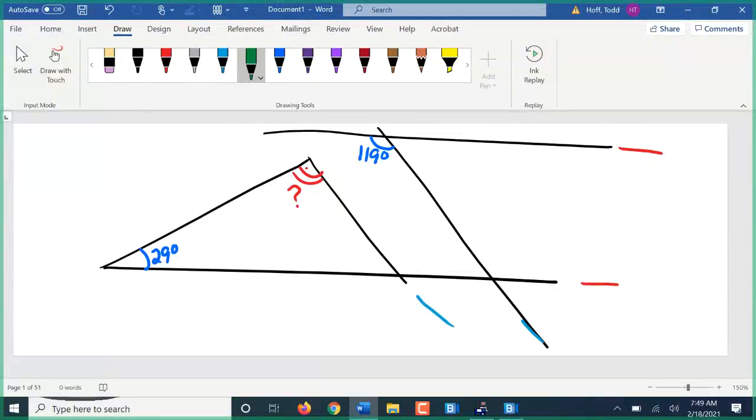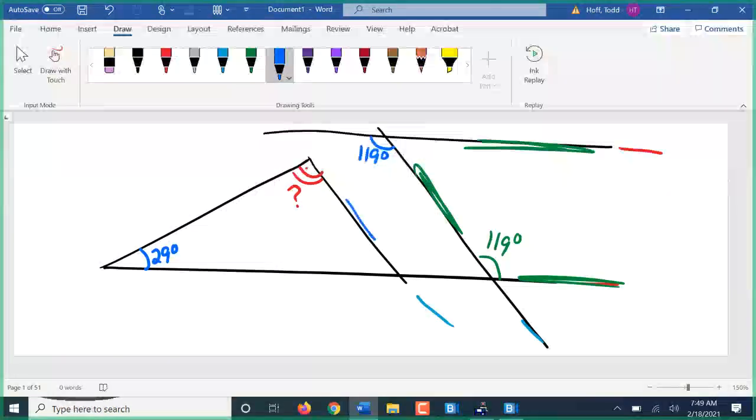Okay, so in this one, there's really only one calculation involved once you see the relationships. Because these two lines are parallel, this angle here must also be 119 degrees. Because these two lines are parallel, this angle here must also be 119 degrees.